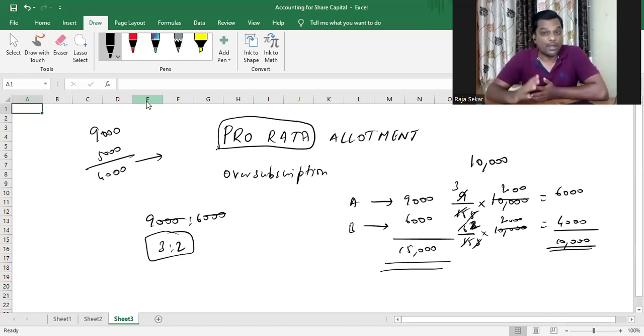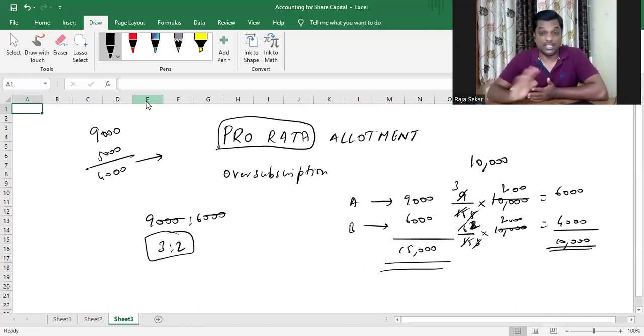If we refund the application money, then there is no problem. But immediately after refunding the application money, what do we do? We tell A to pay the allotment. Now, does it make any sense to give the money back to A and then also ask him again to pay the allotment money?